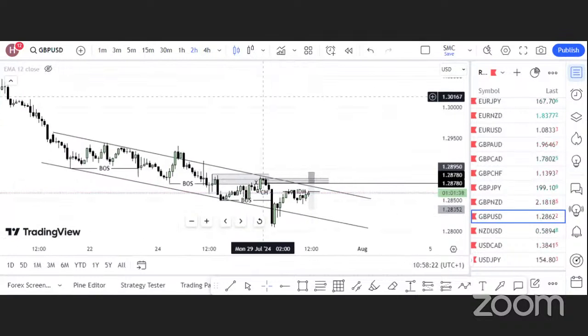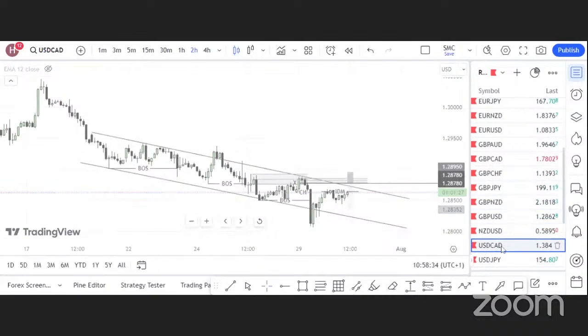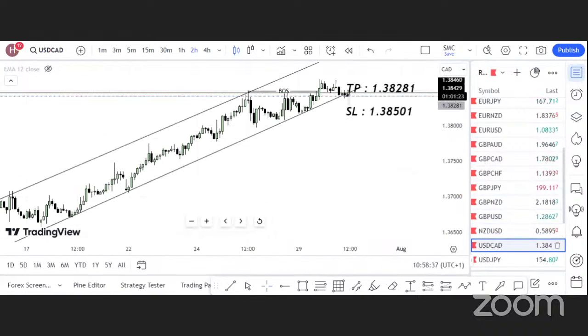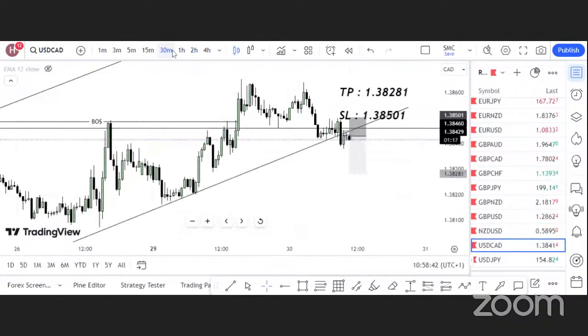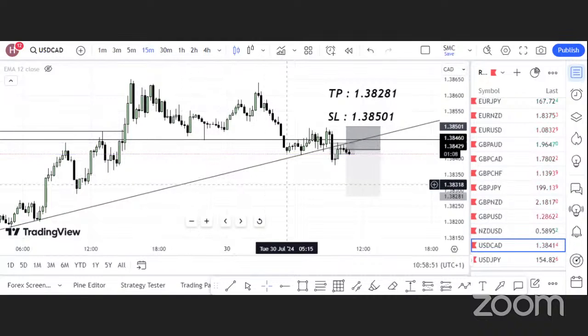So there's no entry on both sides or any side. All right. But for USDCAD we are currently running a trade, and the trade is giving us profit. All right. And as I've said, please make sure to check your open position. Once you are seeing a good profit, make sure to close your position. It's very important. All right.